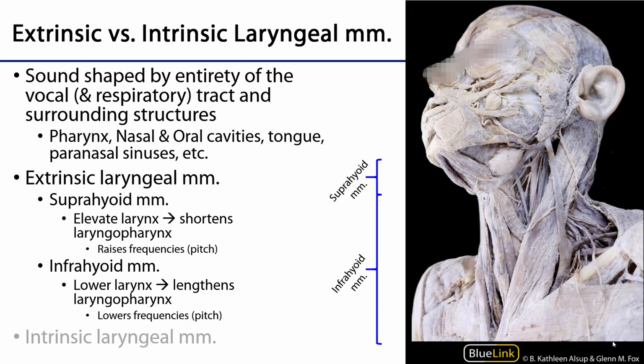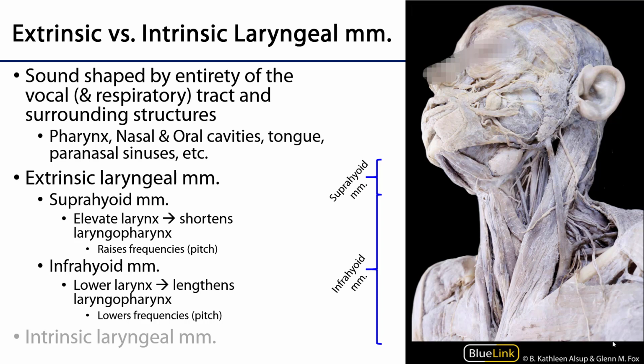So everything from the larynx, the pharynx, the nasal and oral cavities, the contents of those cavities, such as the tongue, the areas surrounding the nasal cavities, such as the paranasal sinuses, and so on and so forth. So there's a lot that the body does to affect sound.